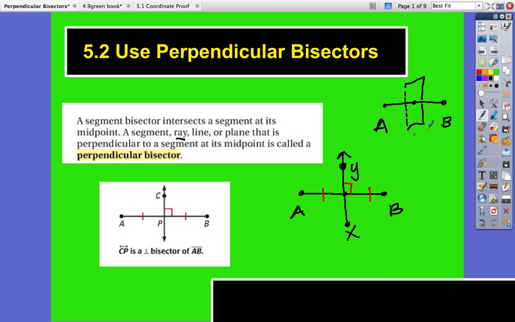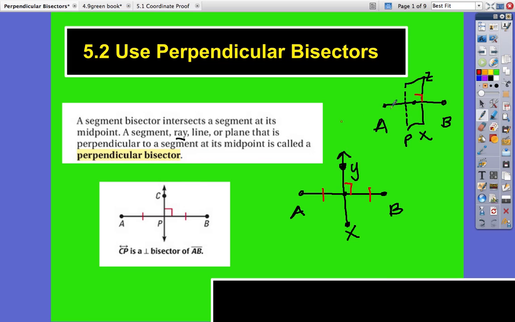We can name the plane by one letter that's in the corner or by three letters. Let's call it PXZ. So plane PXZ is the perpendicular bisector because it's intersecting the segment at a 90-degree angle.